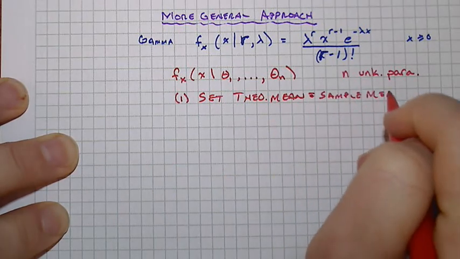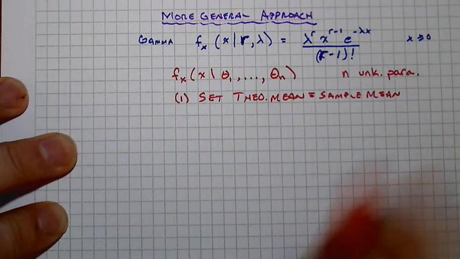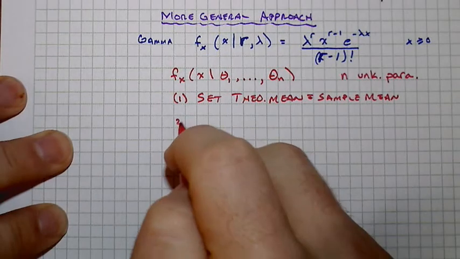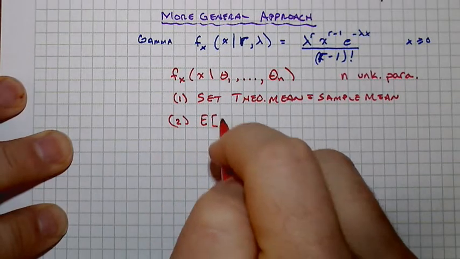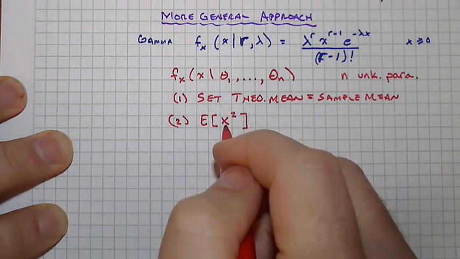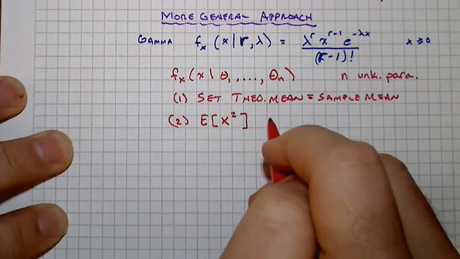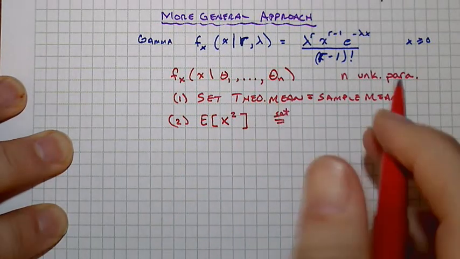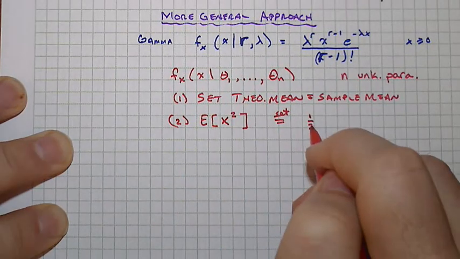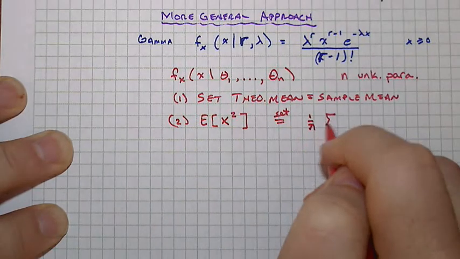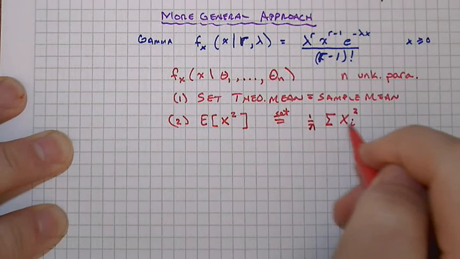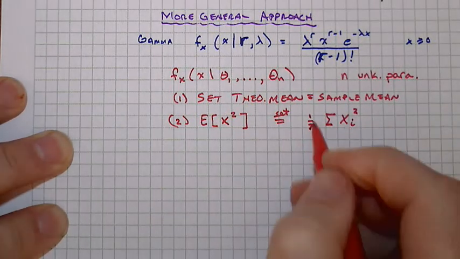We did that with the previous one. And then we'll look at setting the expected value of x squared. Before, the first one was the expected value of x to the first power. Now we're going to go to x squared, and we're going to set that equal to the observed: one over n times the sum of all the squared values of the x_i, the average of those. Right.